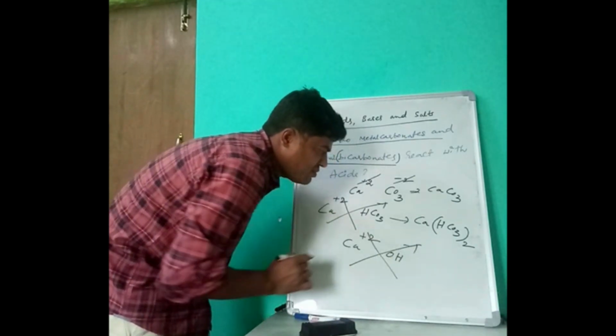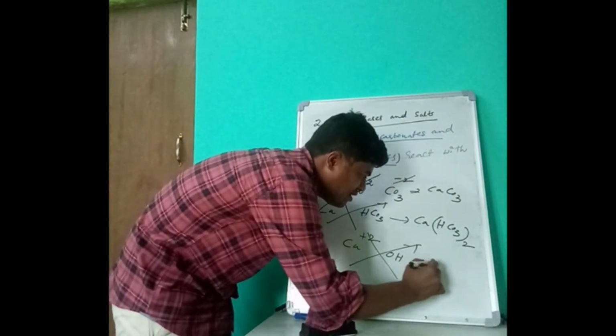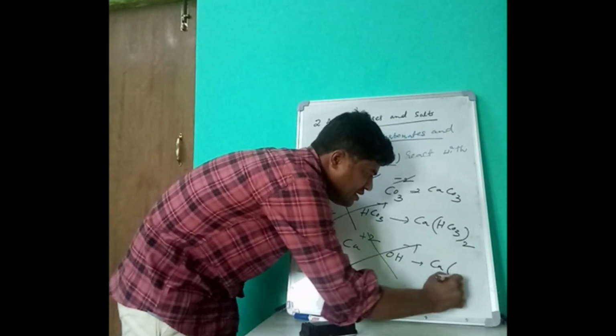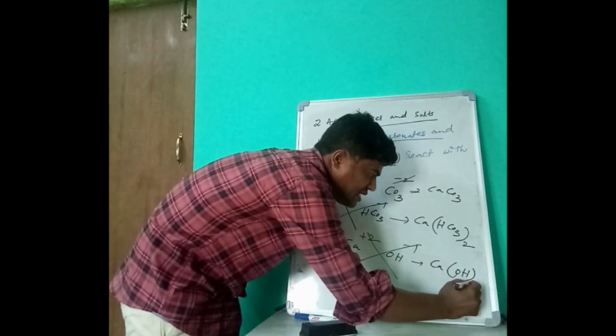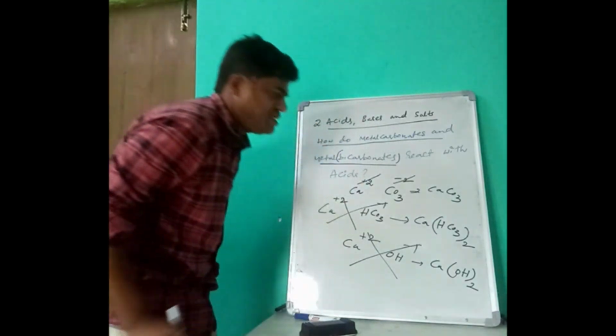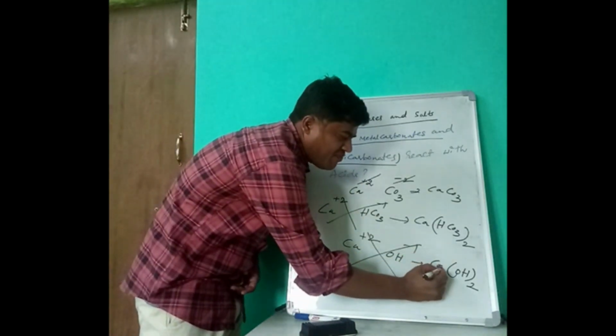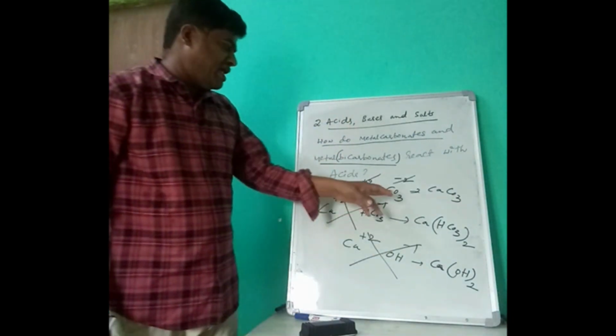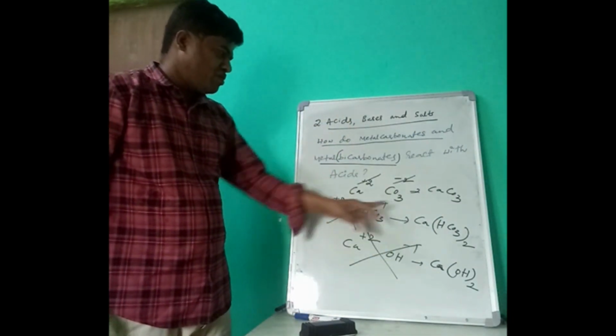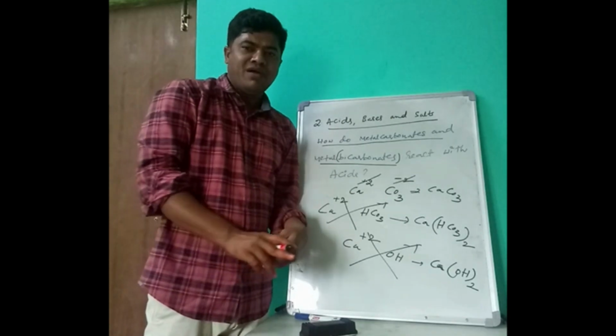Exchange these charges. Then what is the formula? You will get Ca(OH)2. Enclose it in brackets and write this as the subscript. This is how to write the formulas of these compounds: calcium carbonate, calcium bicarbonate and calcium hydroxide.